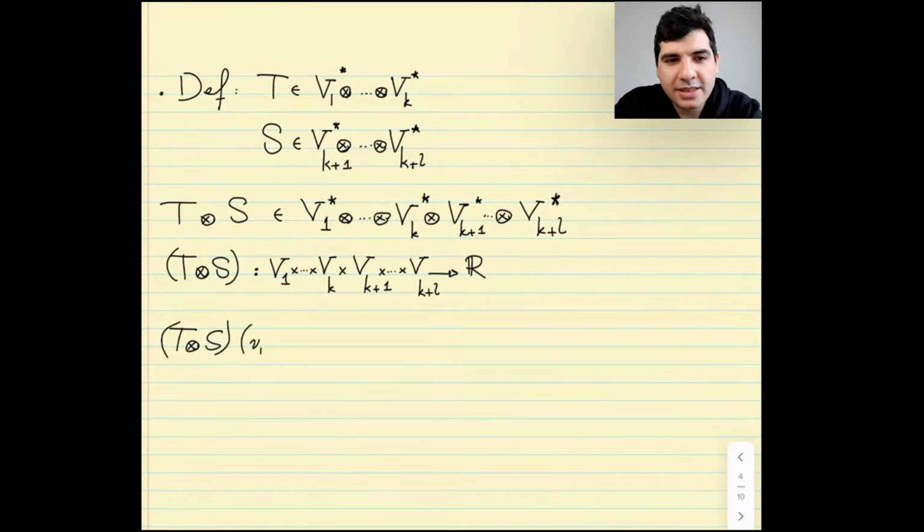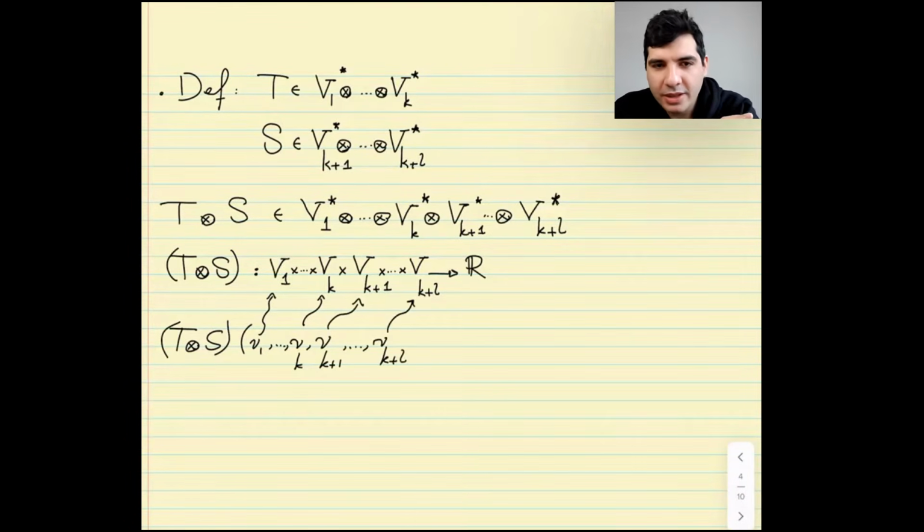So I should say what is T tensor S of v1, where v1 comes from the vector space V1, vk comes from vector space Vk, etc., up to v(k+L). We should define this value, right? Now notice T itself is a multilinear map from V1 times up to Vk. So T of v1, v2 up to vk is defined, right?